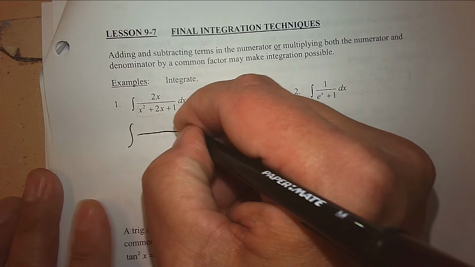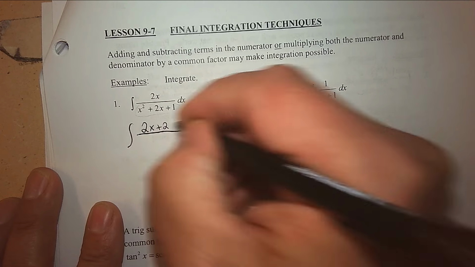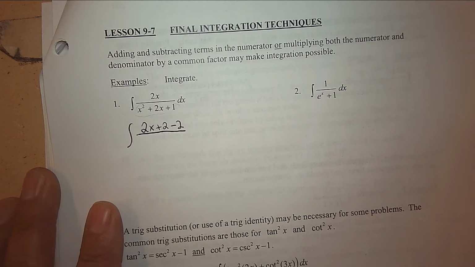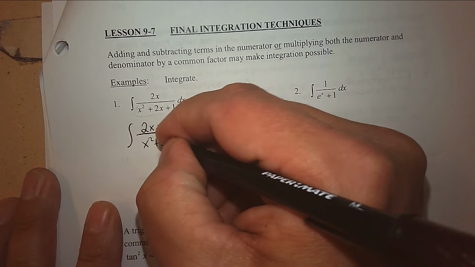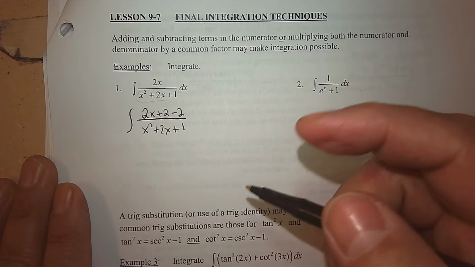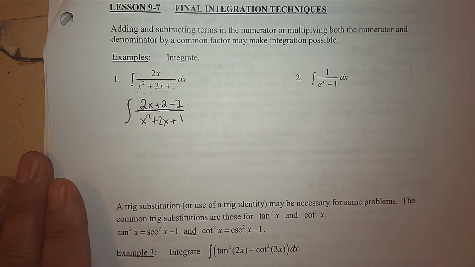What's in the numerator? So let's make it 2x plus 2, but then what do I need right beside it? Do you see how they're the same? I added 2 and subtracted 2, so I didn't change the value of it.